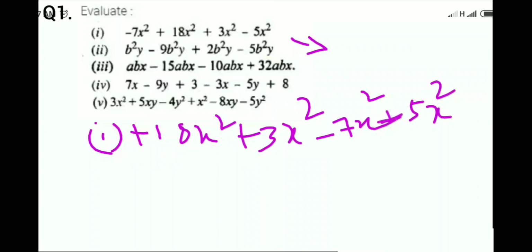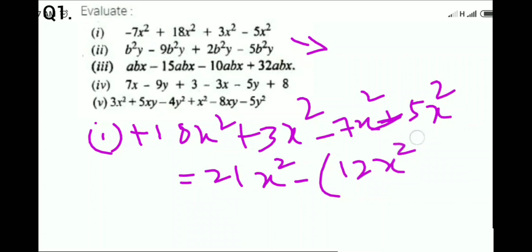We add both plus values and minus values together to get 18 plus 3 is equal to 21x square, and minus, add 7 and 5, both are minus, 7 5 12, 12x square.